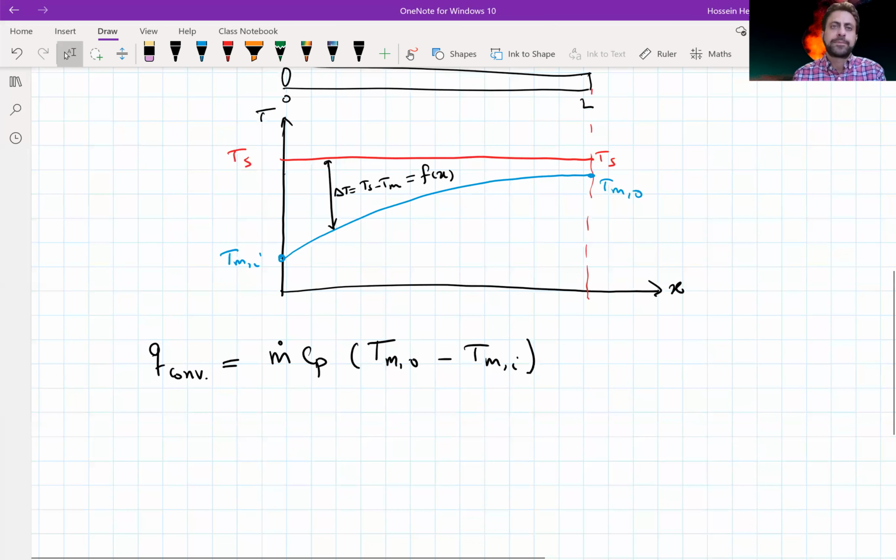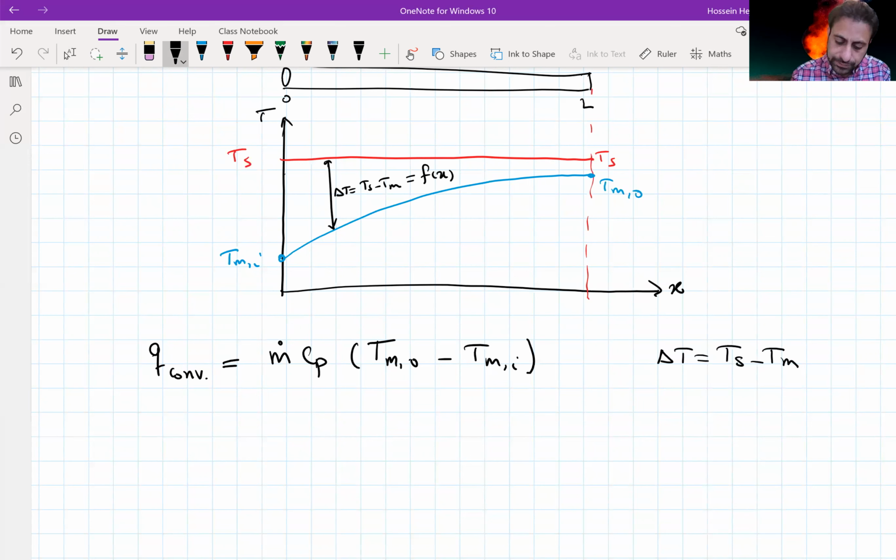I can write it based on the delta T. If I define delta T as Ts minus Tm, this could be m dot Cp (Ts minus Tmi) plus minus (Ts minus Tmo).